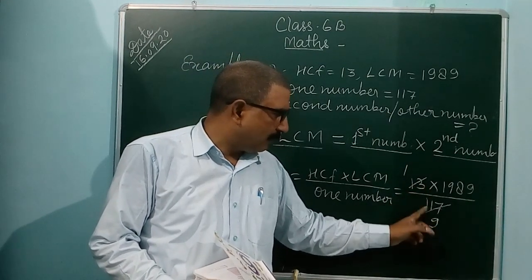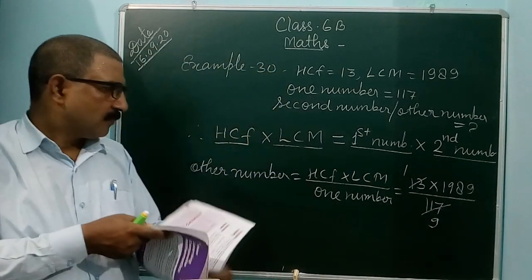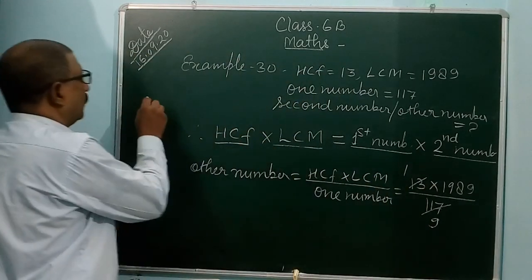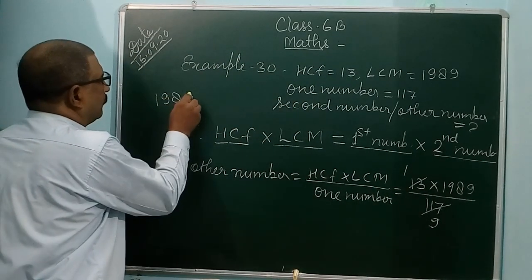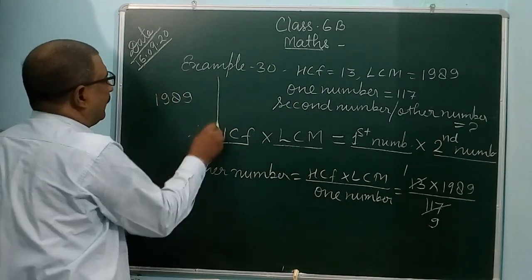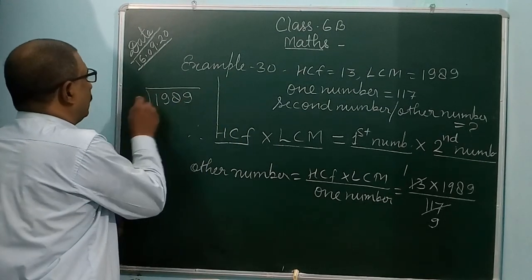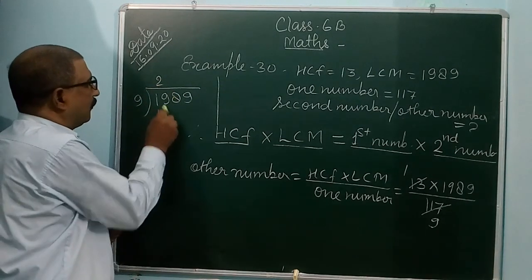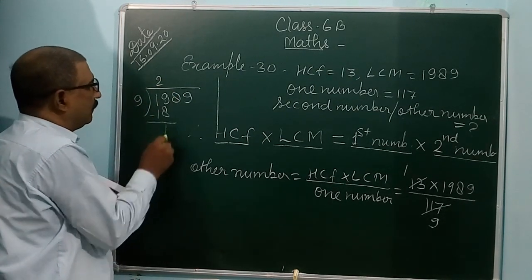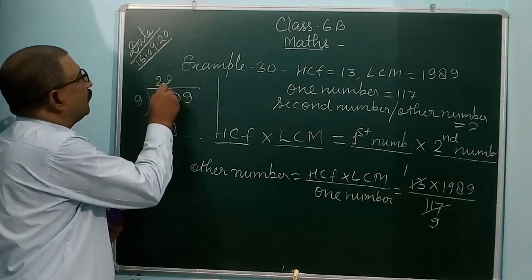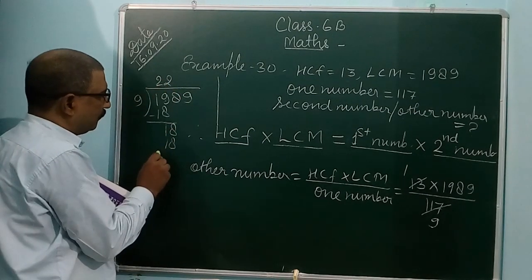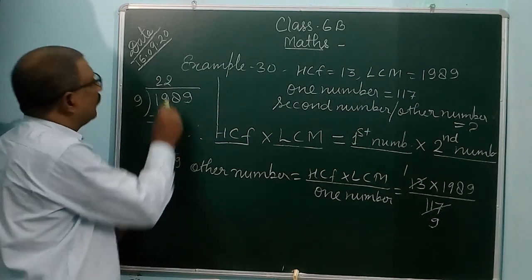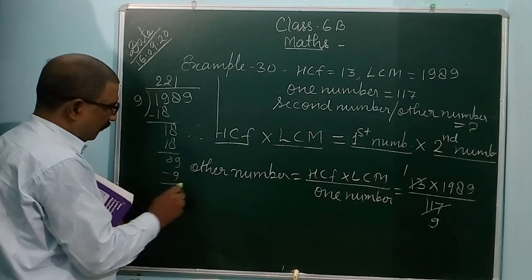Then you can divide 1989 by 9. 9 twos are 18, 9 ones are 9, 0.